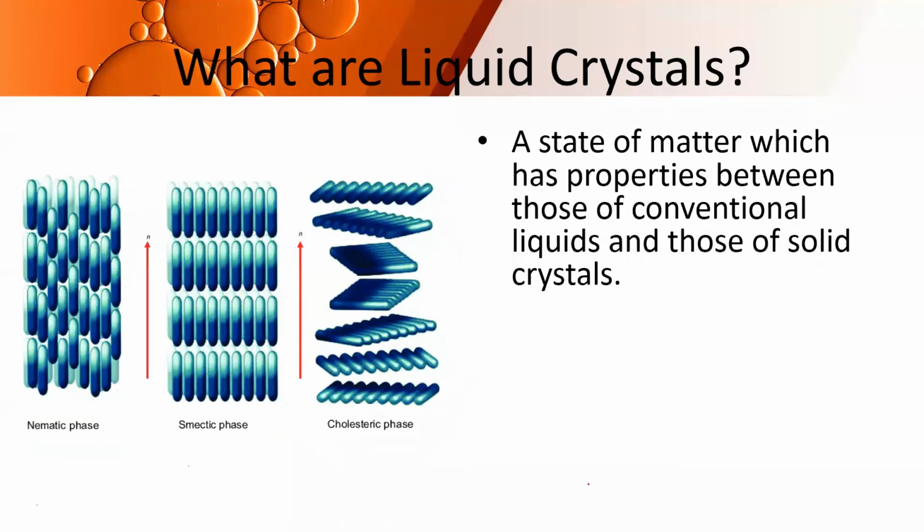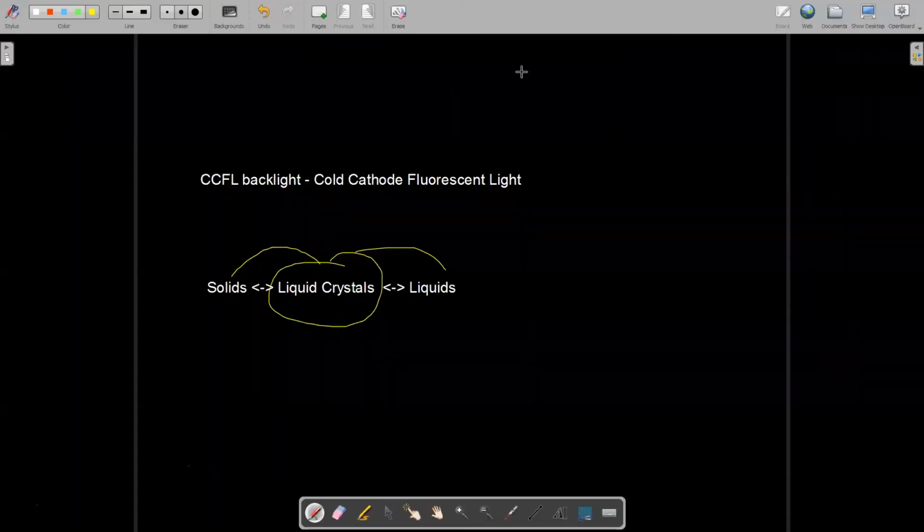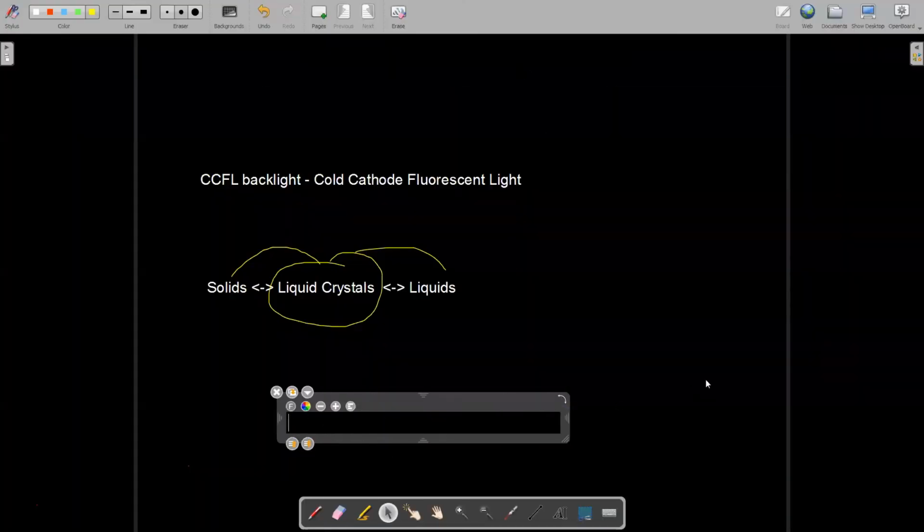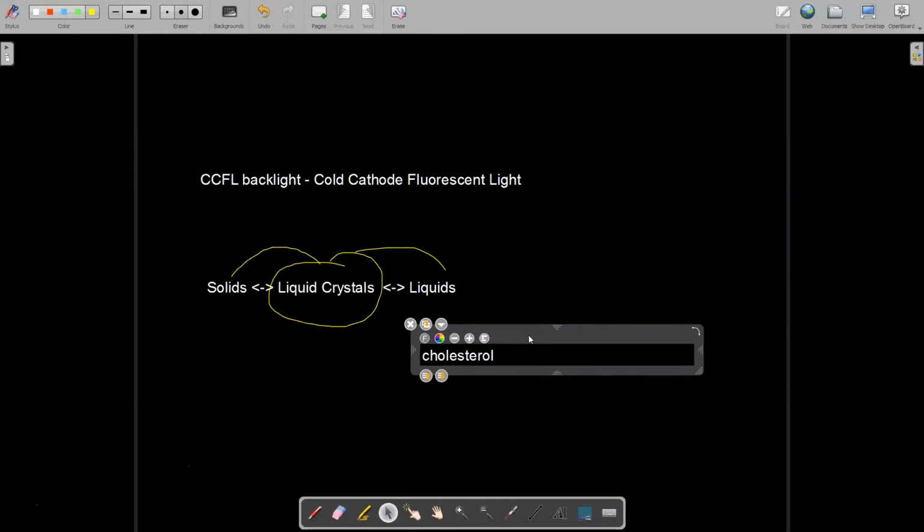Now liquid crystals in itself is a detailed topic of discussion in chemistry, so I'm not going deep into it. It is just to tell you what liquid crystals are. Examples of liquid crystal substances could be cholesterol.